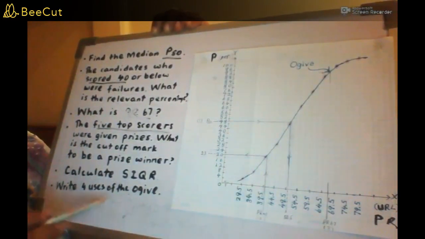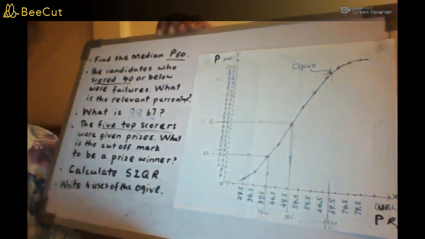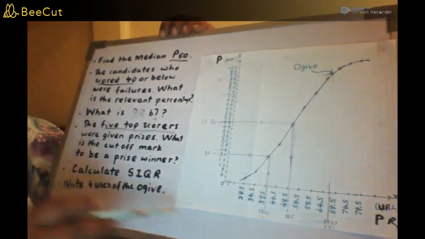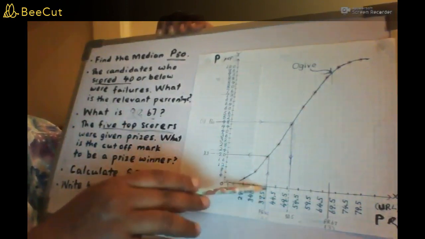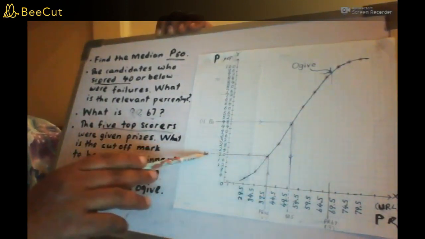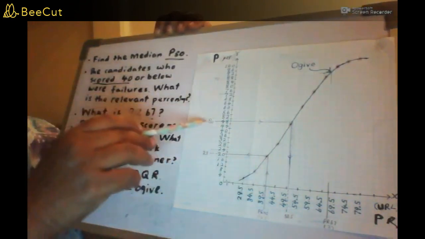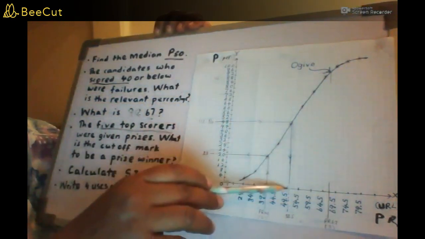Then, write 4 uses of the ogive. What are the uses? I had given the note to you. If a particular mark is given, we can know the relevant percentage. And if a particular percentage is given, we can know the relevant mark.